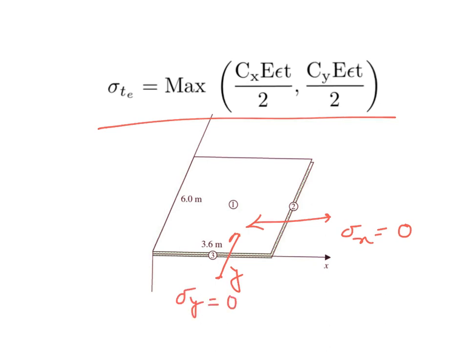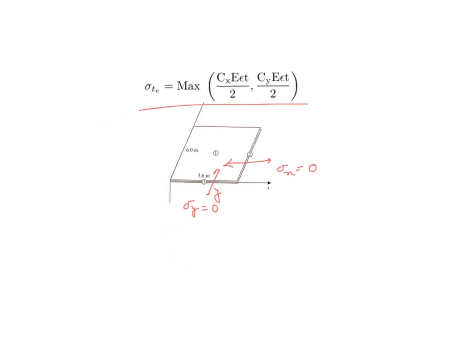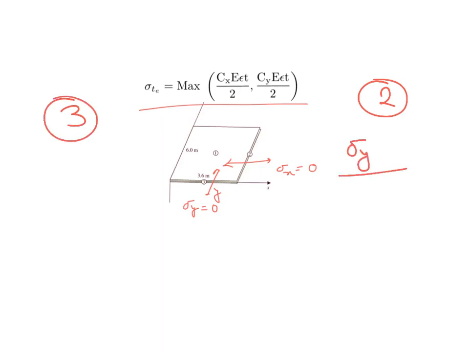Let's calculate the other stresses. That means for location 2 and location 3, the value of sigma y will be given by Cy e sigma t by 2. Everything is known to you. Just input and you will get the desired value.